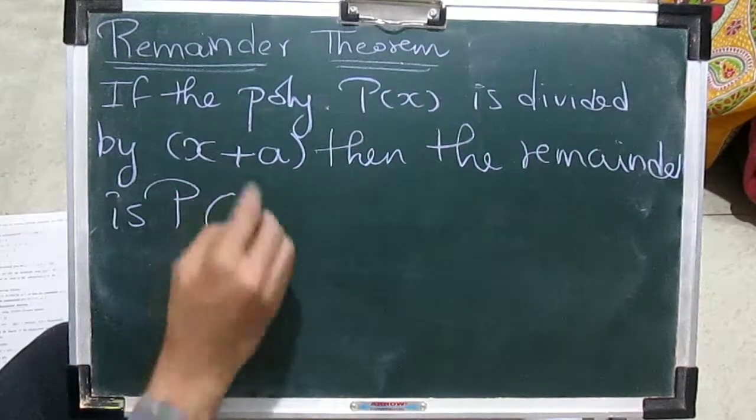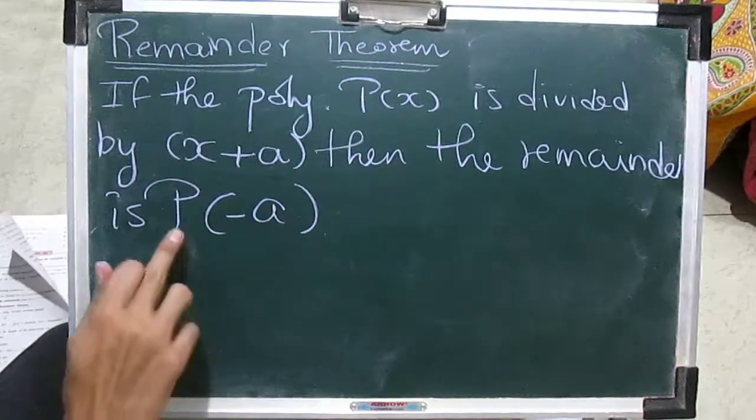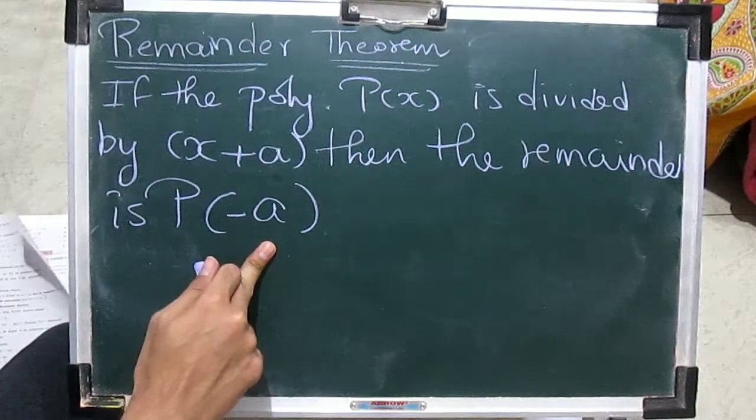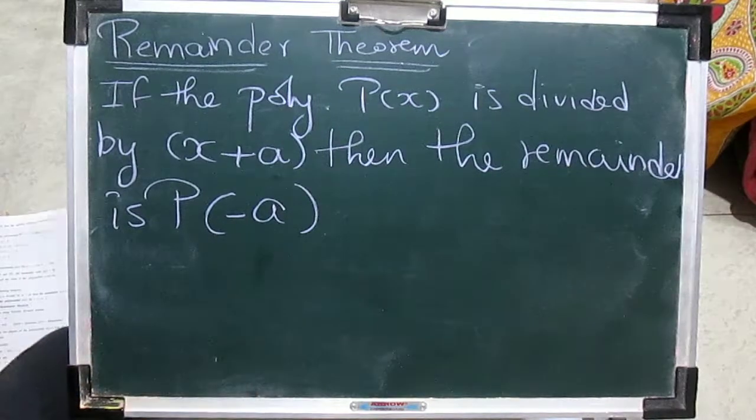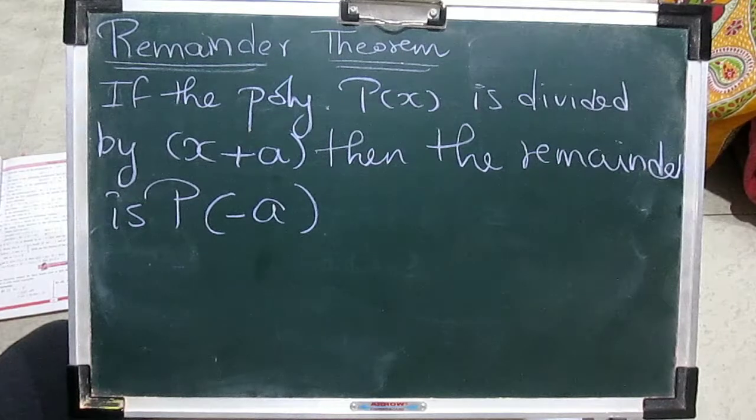Over here it is plus a, so I will use minus a. That means the value of the polynomial at the point minus a. So this is a simple concept of the remainder theorem which we can use really easily.